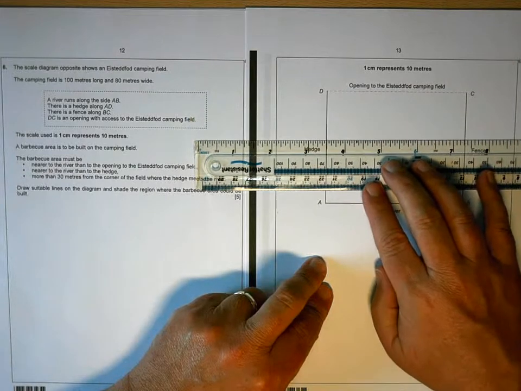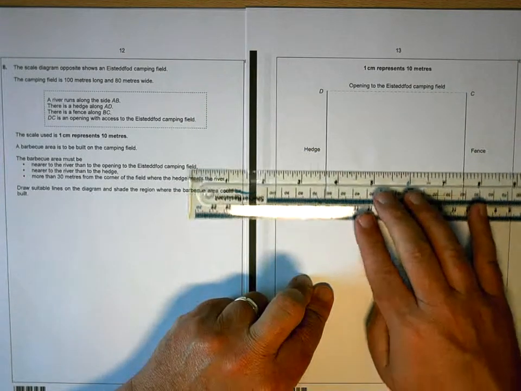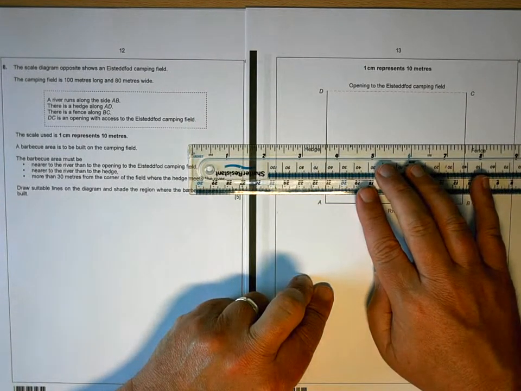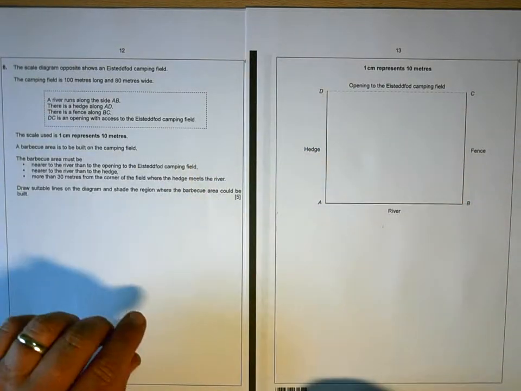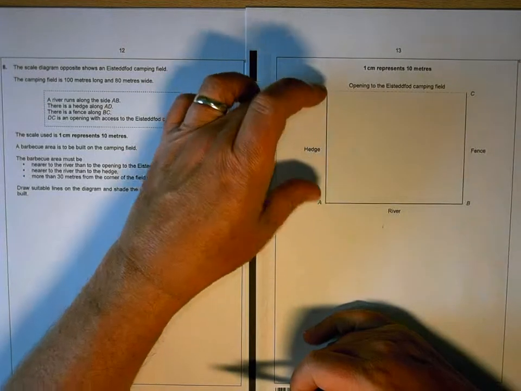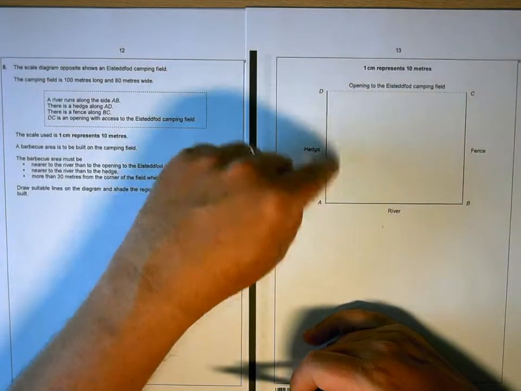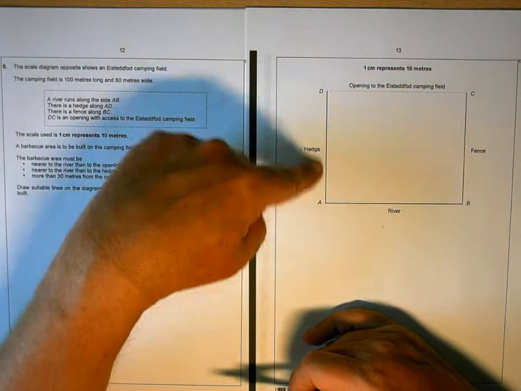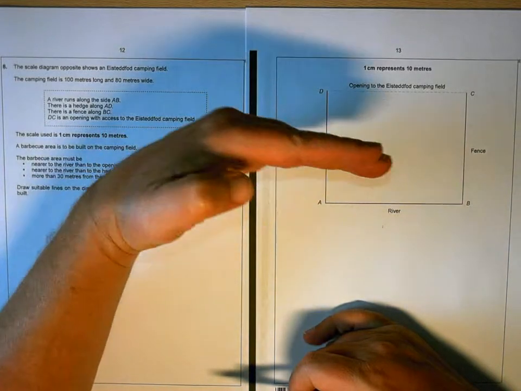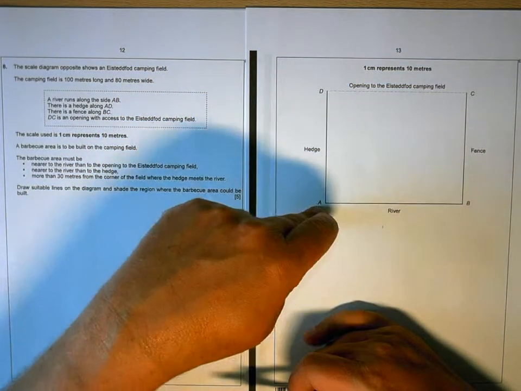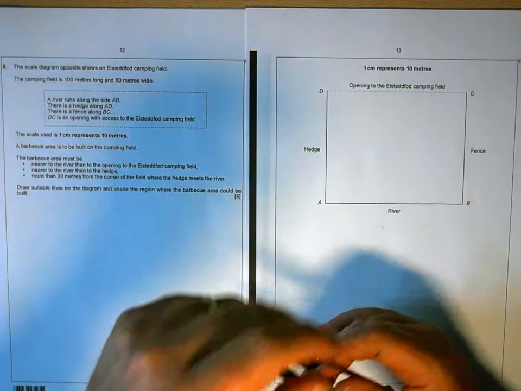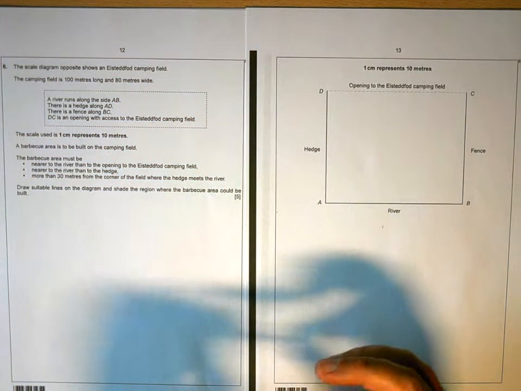So you're looking for a line which is going to be parallel to DC and AB and exactly in between. So what they're going to look for you to do there is to construct a perpendicular bisector of one of these sides, and then that will run perpendicular at right angles to there, so it will be parallel to there and exactly halfway between.